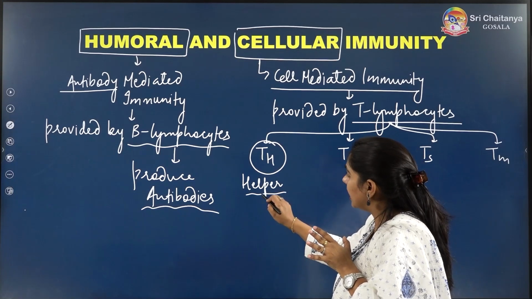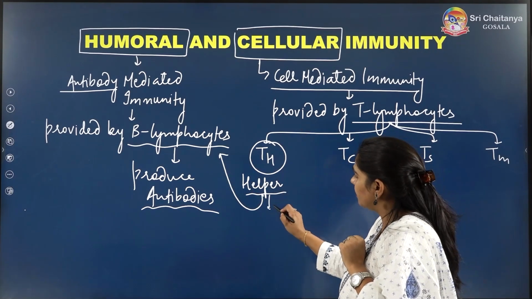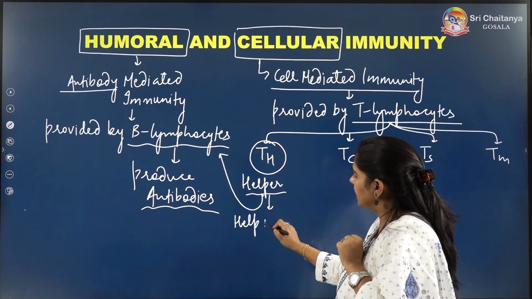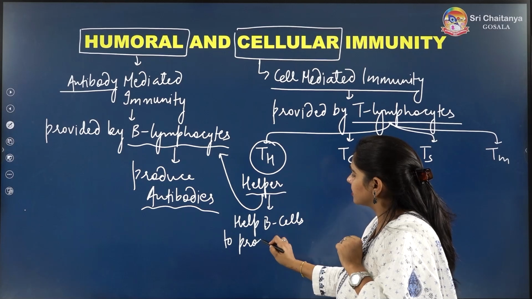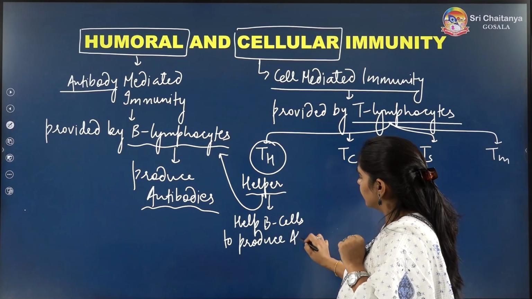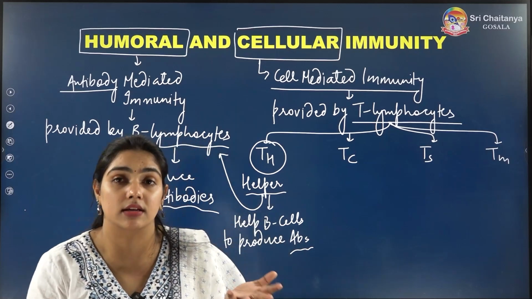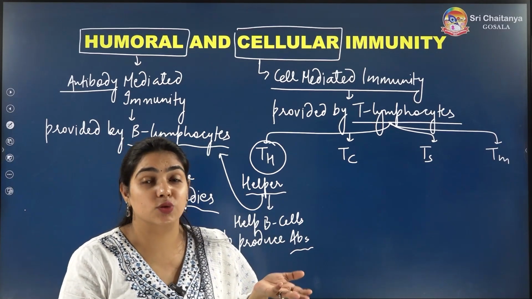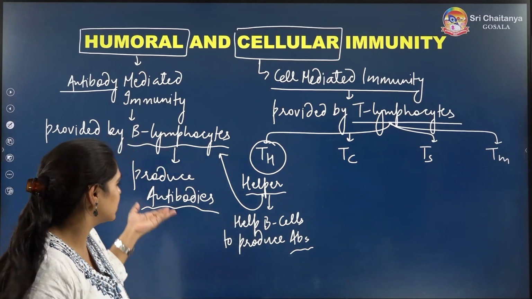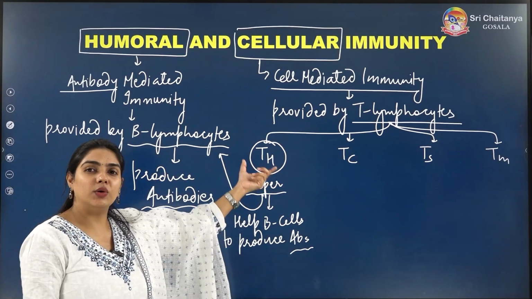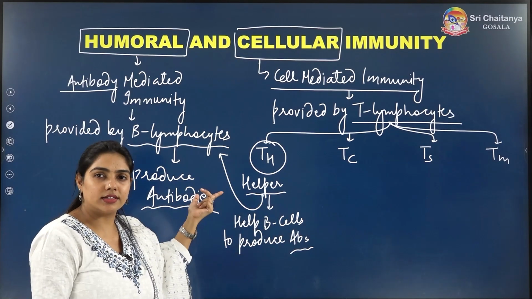They are going to help B cells to produce antibodies. So they are very nice. I have told you, our body is teaching us many things, even life lessons. So we should also help others. Be kind to others. So that's how T helper cell helps the B cells to produce antibodies, right?